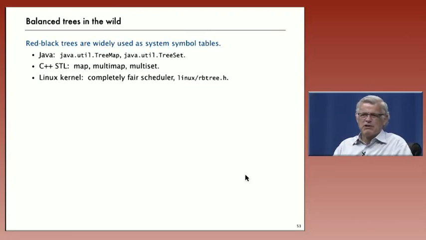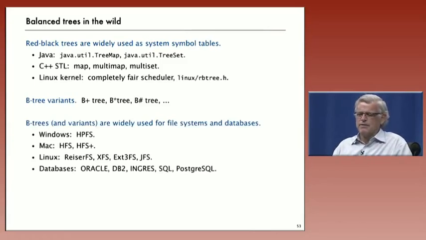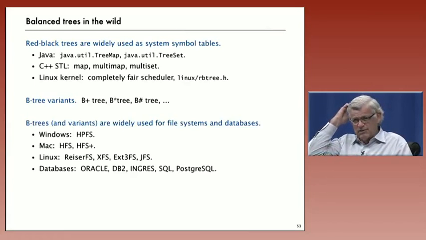The Java implementation of tree map and tree set is red-black trees. C++ standard template library uses red-black trees. And it's also used in the Linux kernel and in many other systems. B trees, there's many different variants that give different characteristics of space usage and other characteristics.